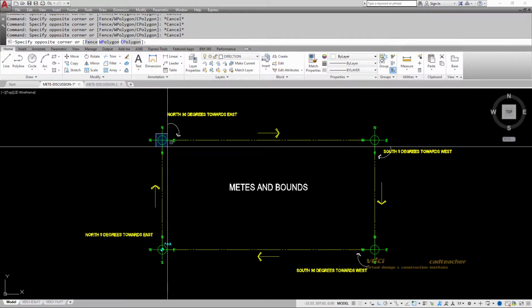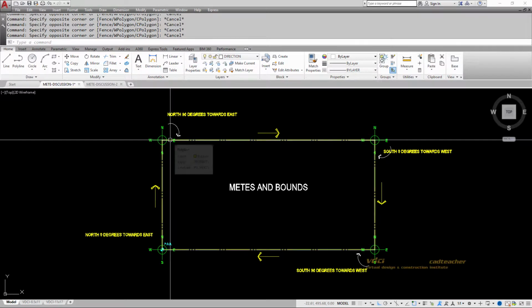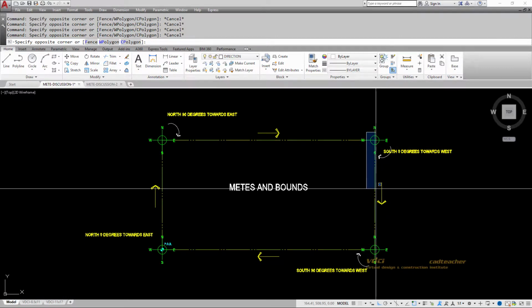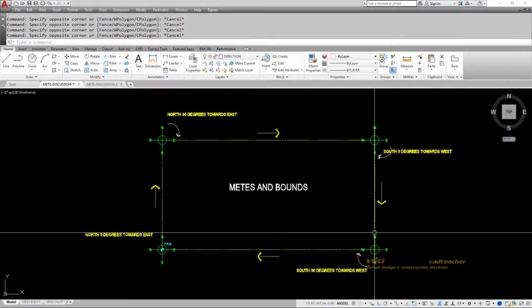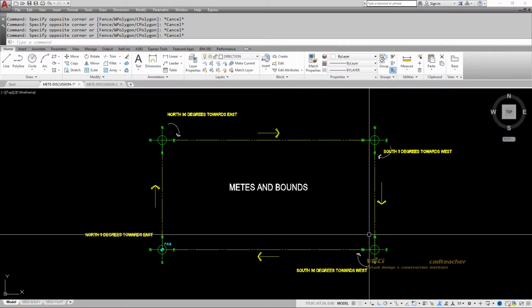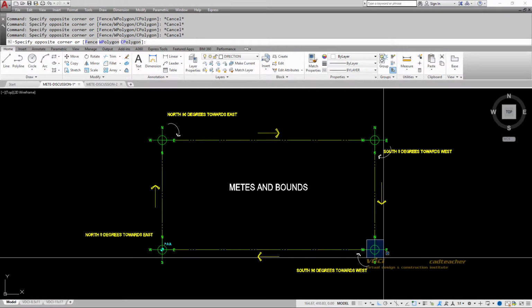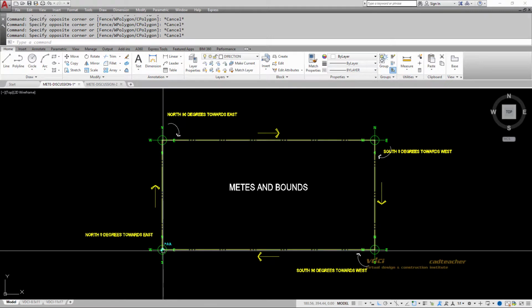To continue on, they would be going, in this example, north 90 degrees towards east, which would take us over here. From here going down, they would be going south 0 degrees towards either west or east. And to continue on, they would go from here to the left, which would be south 90 degrees towards west.